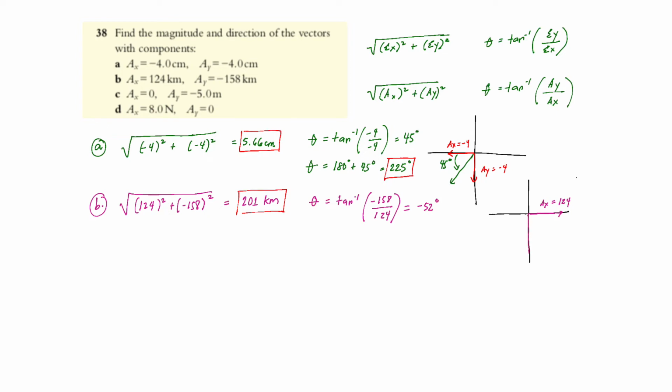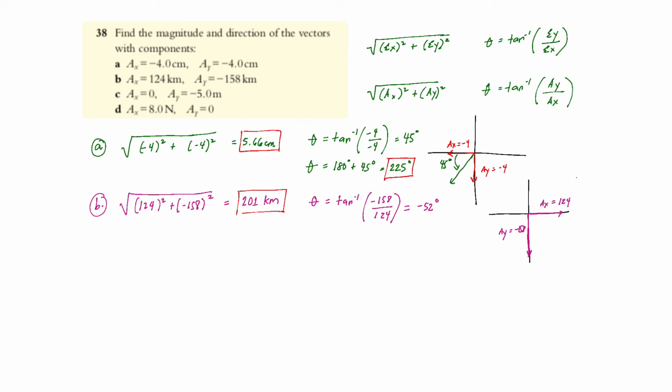And the AY is on the negative y-axis, so that is negative 158. What will be the possible angle here?